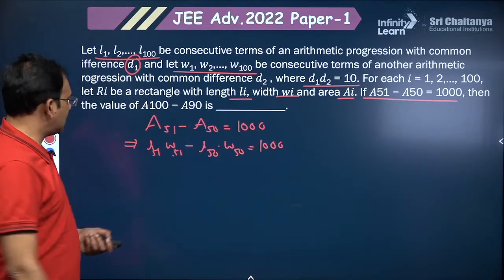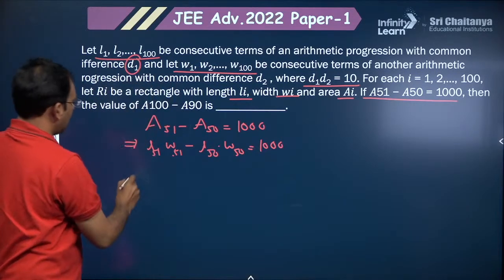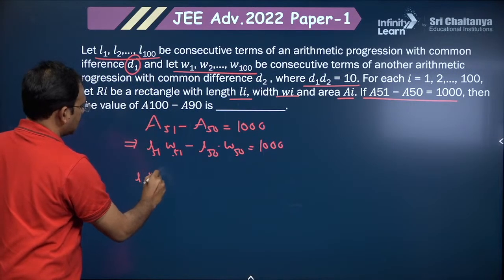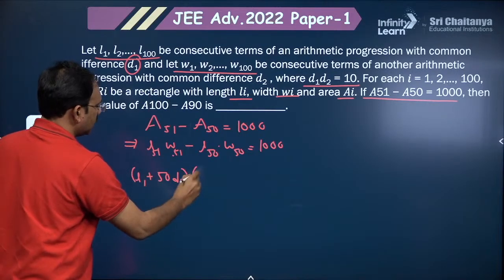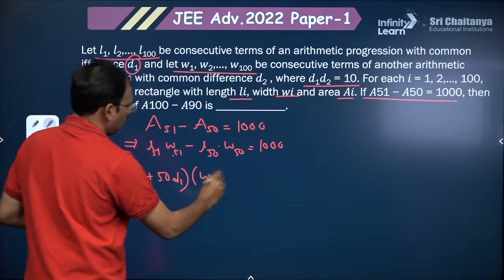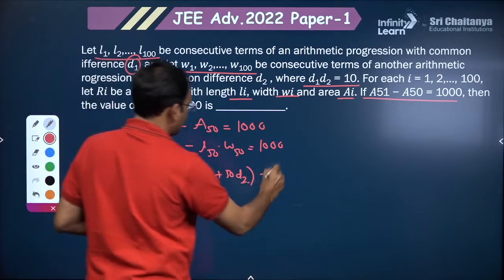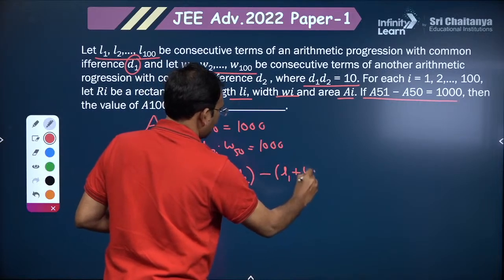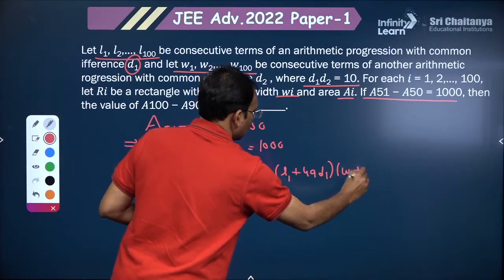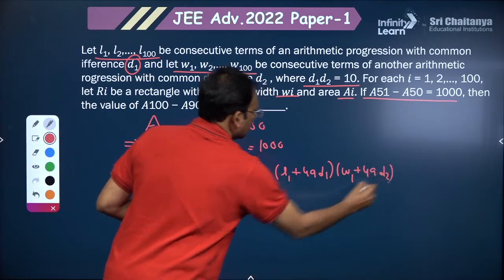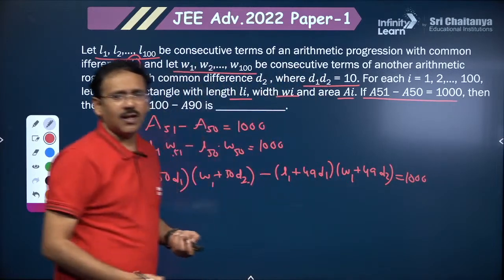Now you will see that L51, the 51st term of this AP, is L1 plus 50 d1, into W1 plus 50 d2, minus L1 plus 49 d1 into W1 plus 49 d2. This product is going to be 1000, right. This is simple algebra, friends.